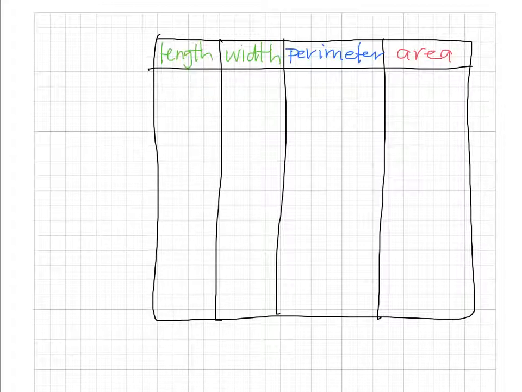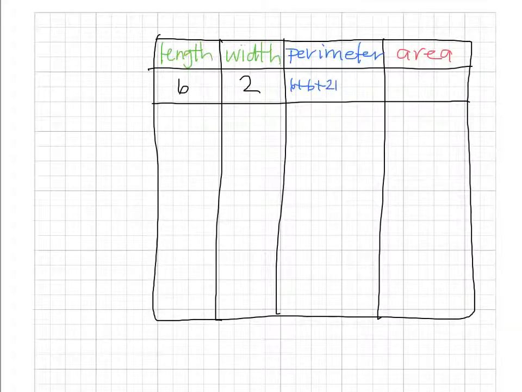Now, we've already done our first example, which was the first one in the video last time. It had a length of 6. It had a width of 2. Now, to determine the perimeter, remember what we did? We did 6 plus 6 plus 2 plus 2.